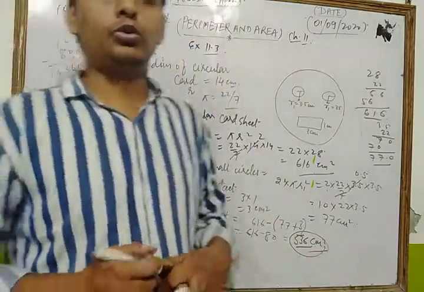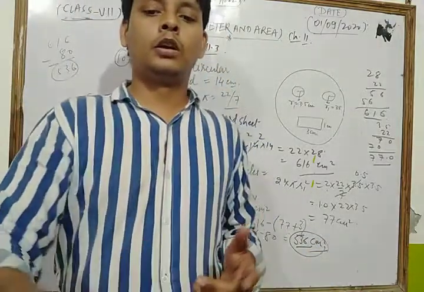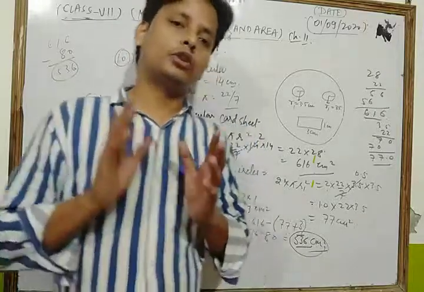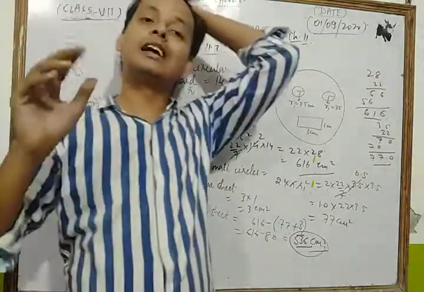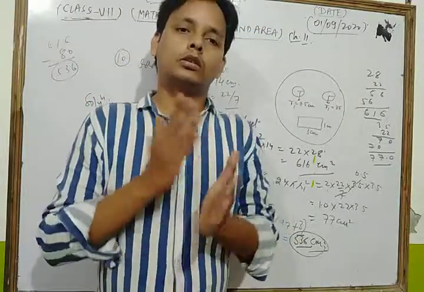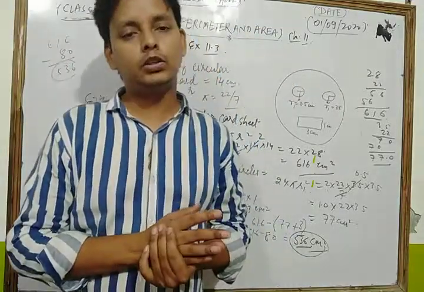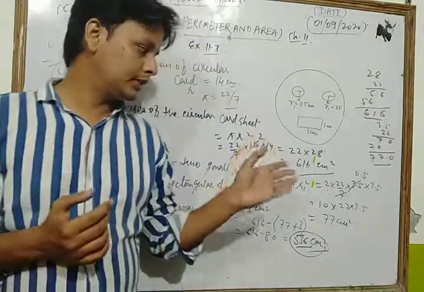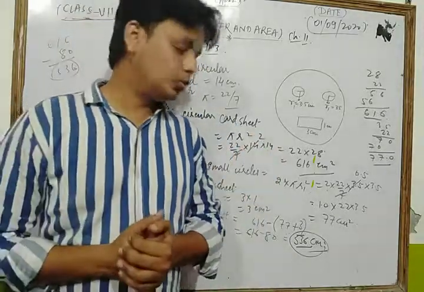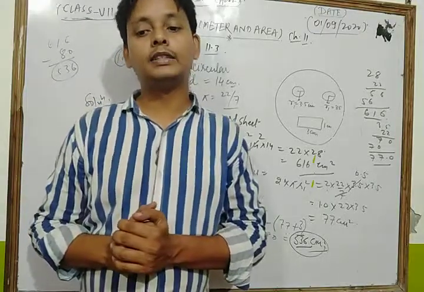So now, dear students, today we discussed the concept of circle and solved some important questions from your NCERT exercise based on the circumference of a circle and the area of a circle. First revise all the questions which we discussed in this class. After that you can solve each and every question of your NCERT exercise.